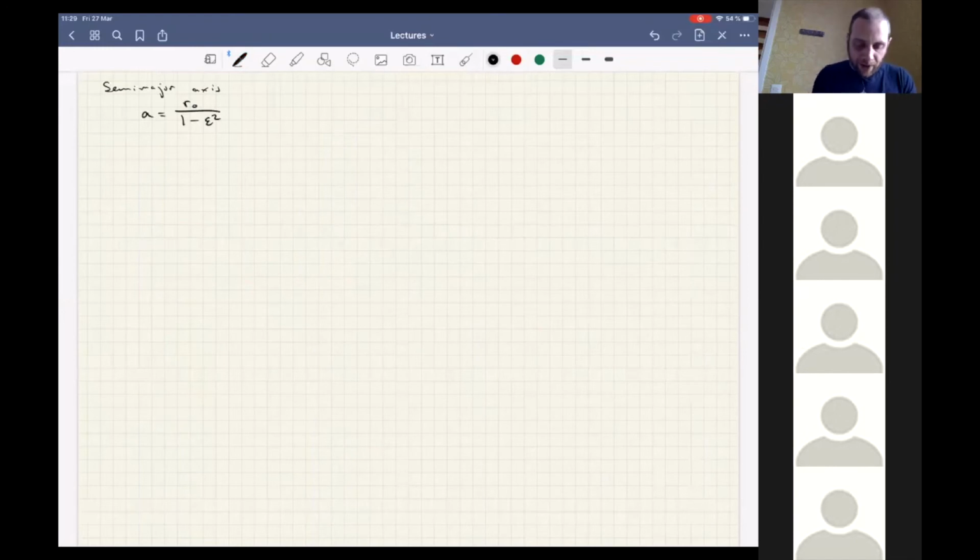We also have the semi-minor axis, which we call B, and that has this relation that B squared is 1 minus epsilon squared times A squared.